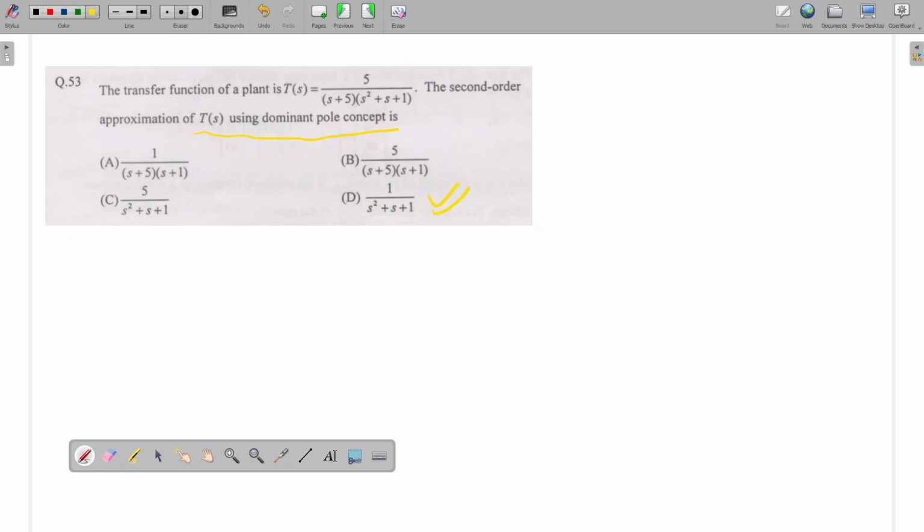We can calculate the other poles also. What will be the other poles here? S square plus S plus 1.